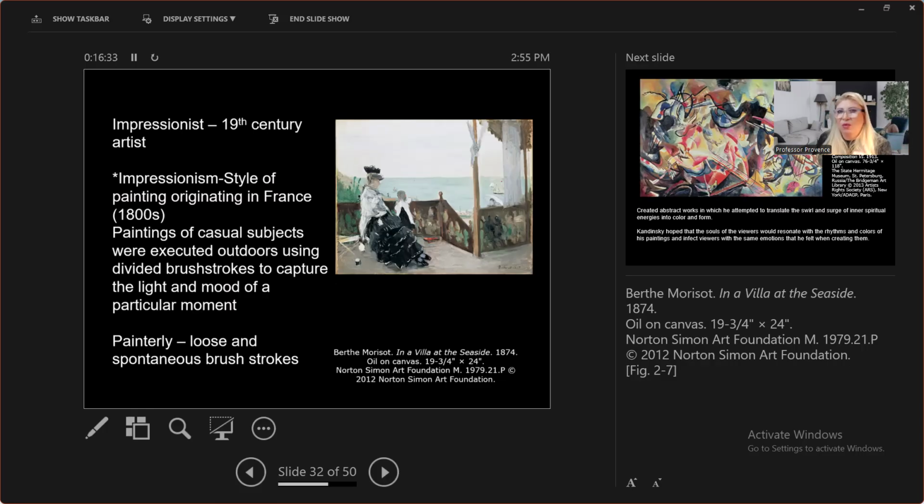But they wanted to say more with their paint than just painting what a camera can do, because the camera had been around by this time for at least 60 or 70 years, with our first camera image in 1826.